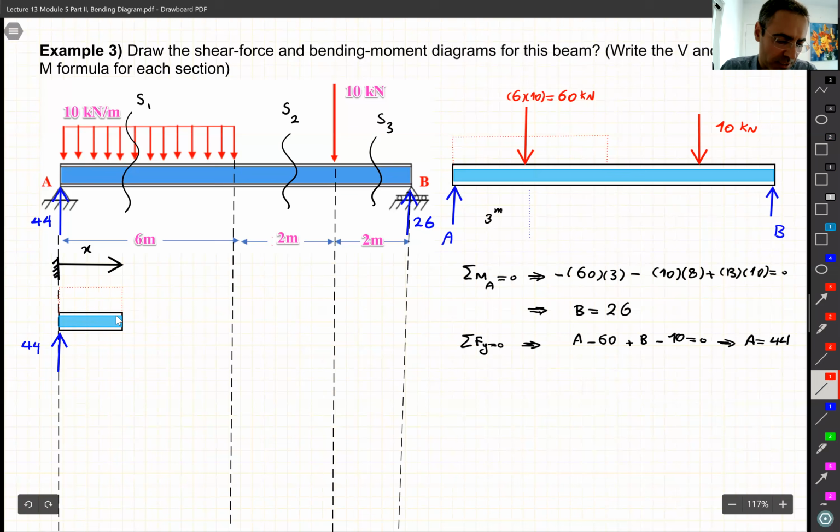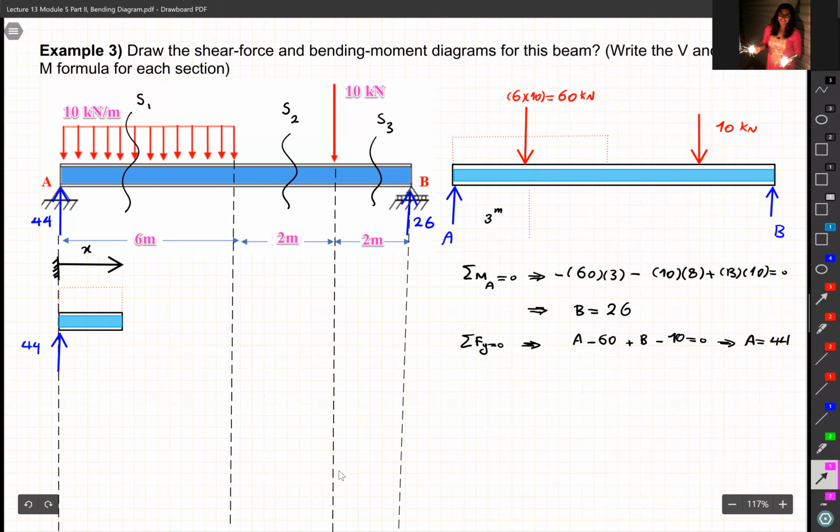Remember on this portion, what is the equivalent? Remember always we substitute a distributed load with its equivalent. What's the equivalent of this load that I'm putting there? It is 60 or no, something else? Any idea?